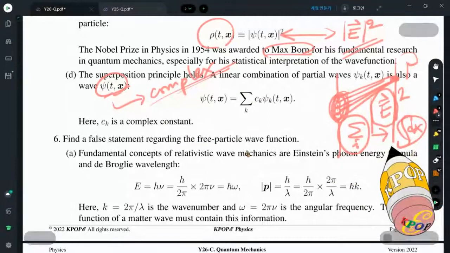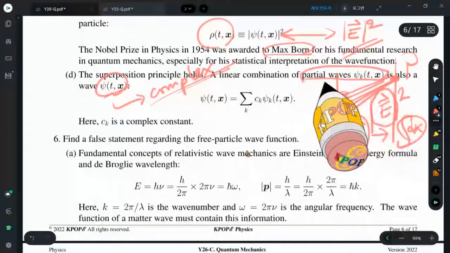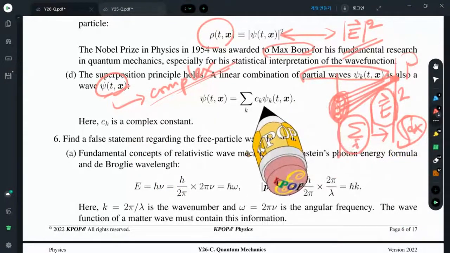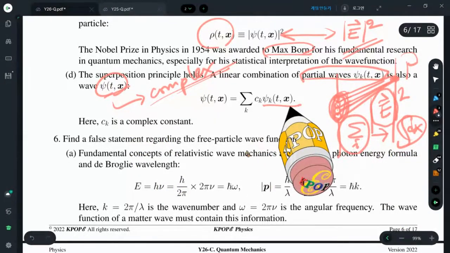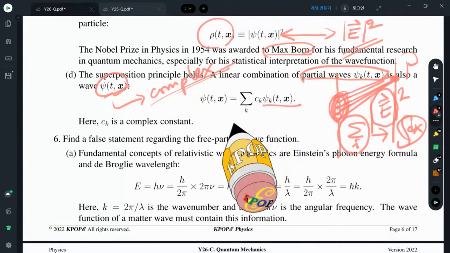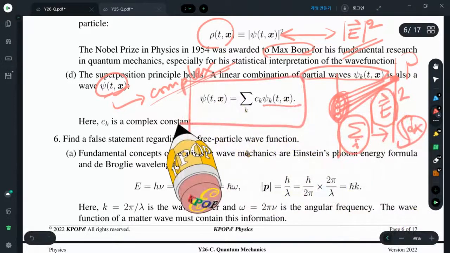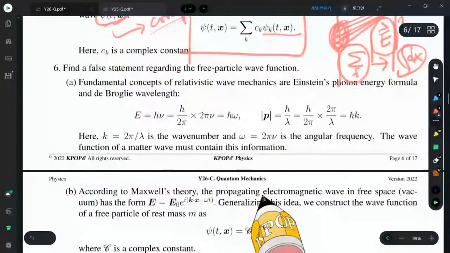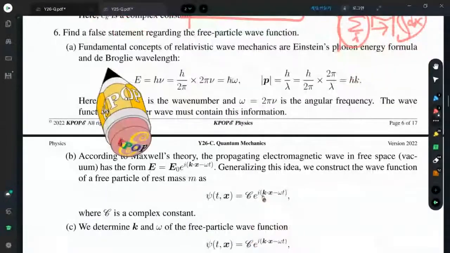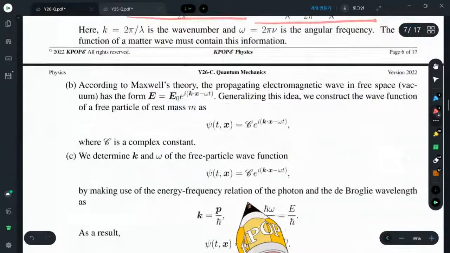Just like that, any partial waves of a wave function can be added algebraically, respecting the superposition principle of the electric field. So wave functions can be added. And then the de Broglie wavelength is used to interpret the energy and momentum.